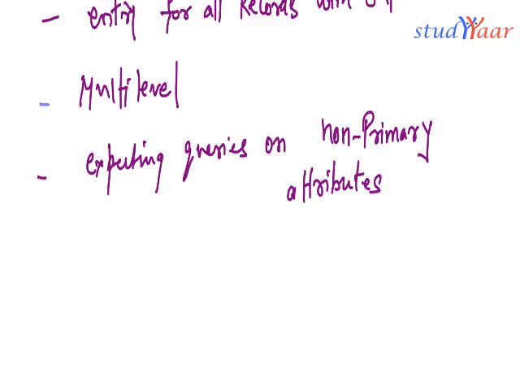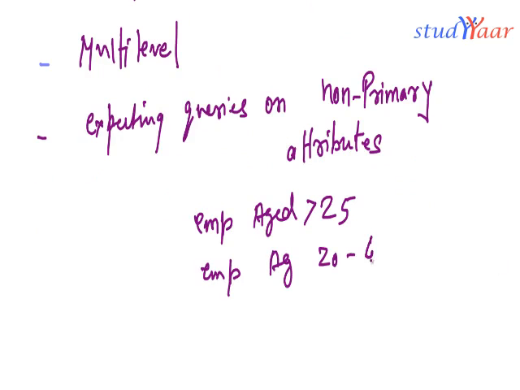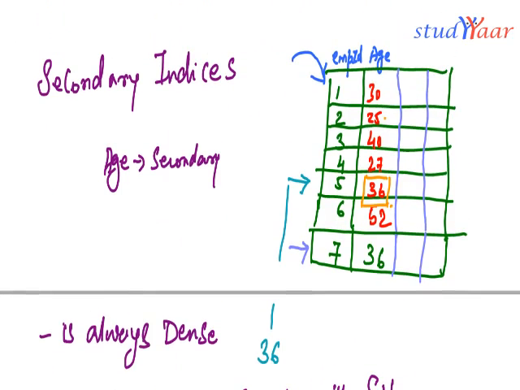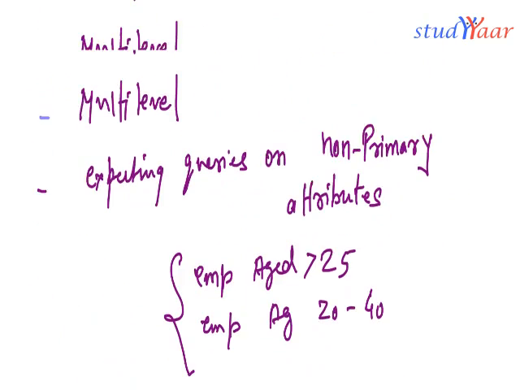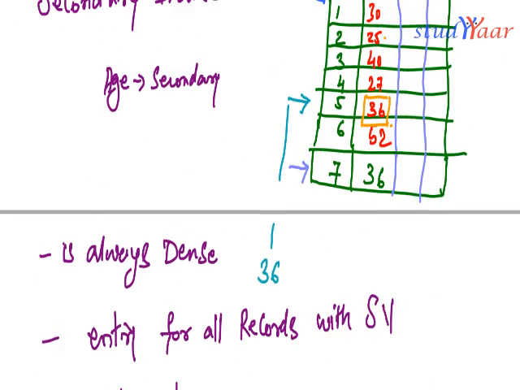Okay, so when I'm expecting many queries like find the employees aged greater than 25 or find employees whose age is between 20 to 40, these kind of queries if I'm expecting, then I would create a secondary index, because otherwise I would have to look at every record in the file to look for the persons who are aged between 20 to 40.